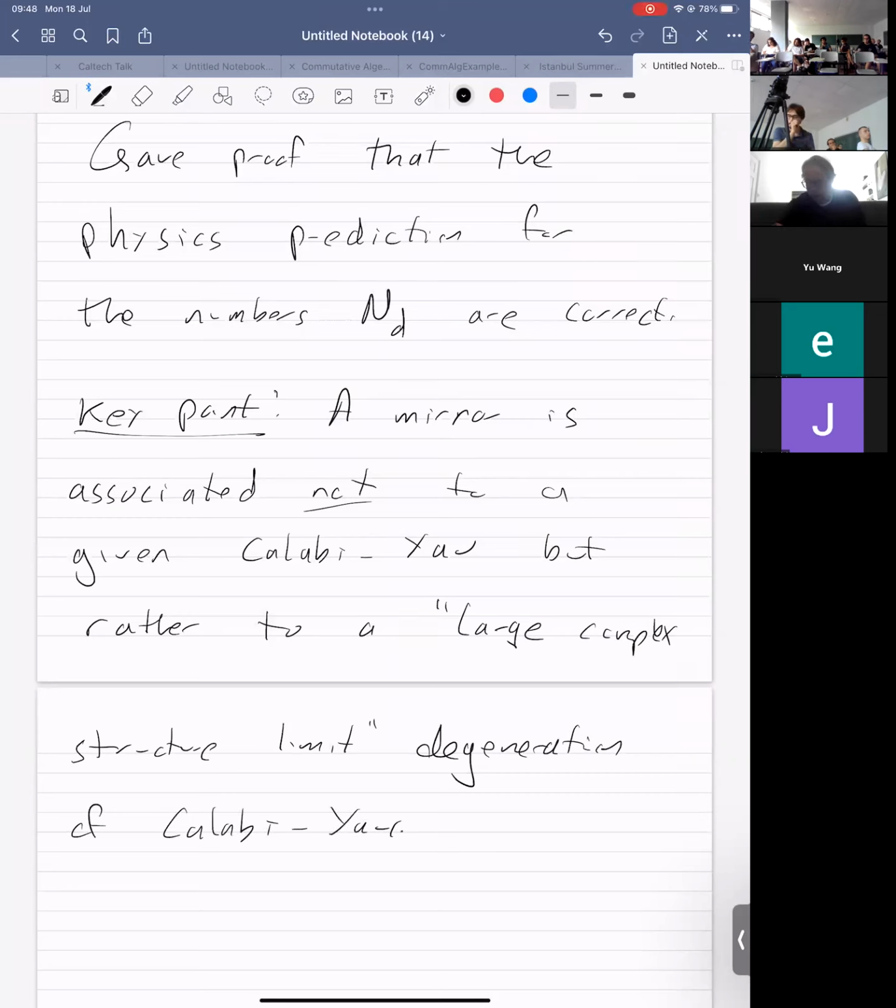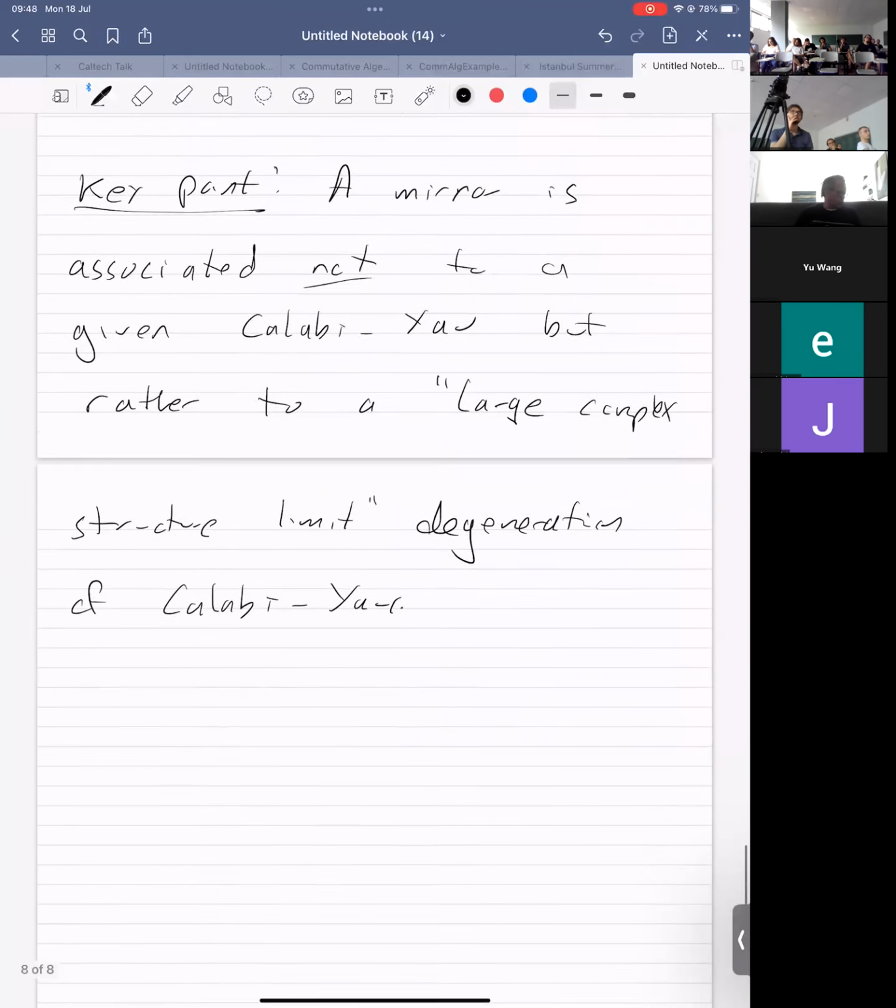This was terminology that came from physics. I think now in mathematics we view this slightly more generally.